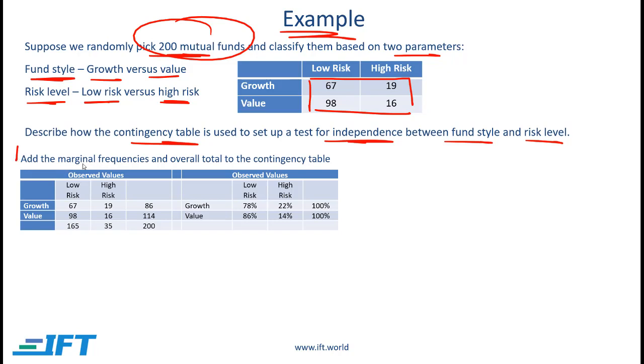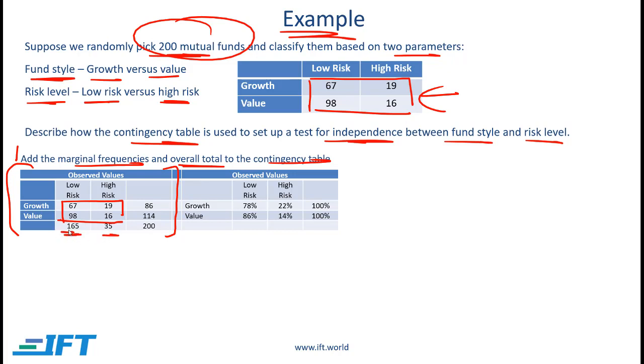Step 1 is to add marginal frequencies and the overall total to the contingency table. So if we go with the observed values over here, the numbers in the middle are based on what is given. Then we come up with the marginal frequencies.